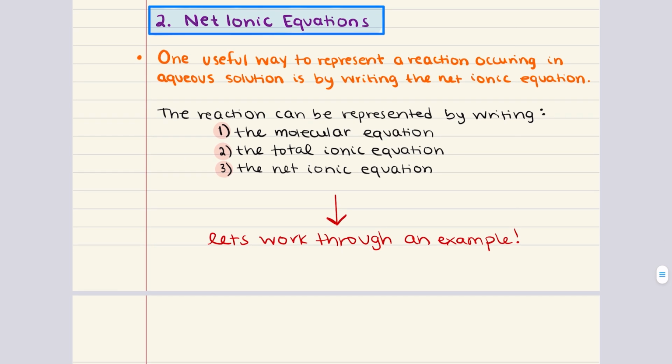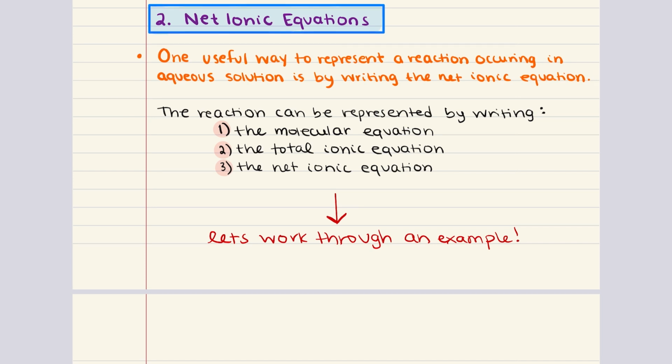Here, we're going to revisit the topic of net ionic equations. We have discussed net ionic equations plenty of times in this playlist, and we've discussed the three main steps to writing our net ionic equation. The first step, you want to write the molecular equation. You want to write the reactants and the products in their undissociated form.